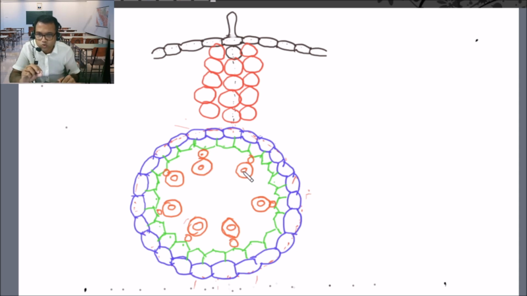In between these xylem bundles, phloem is present, and the phloem is dome shaped.